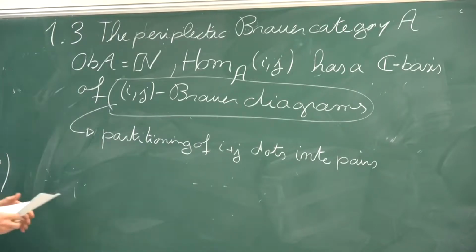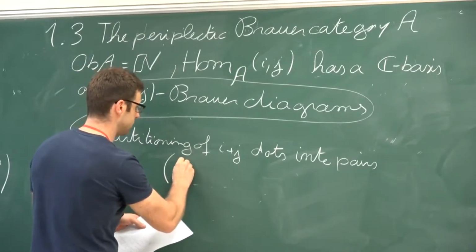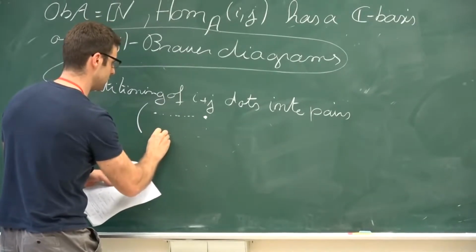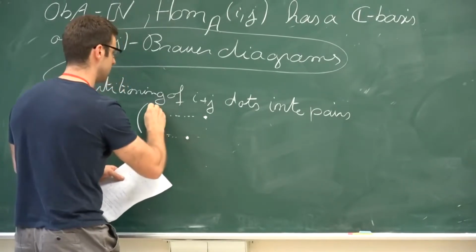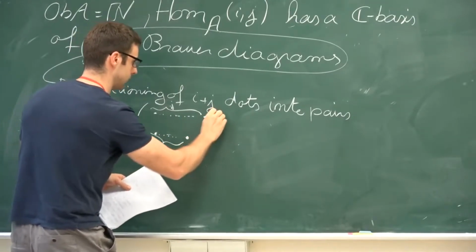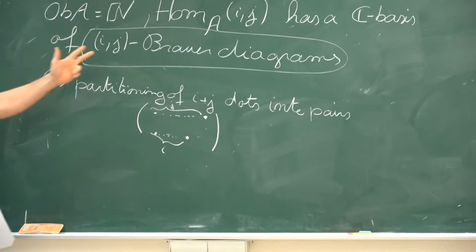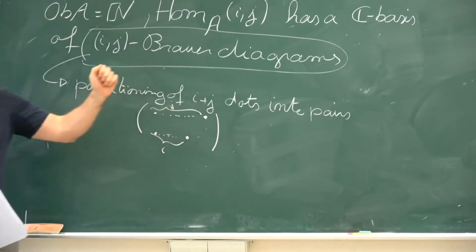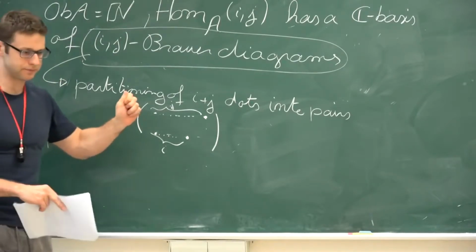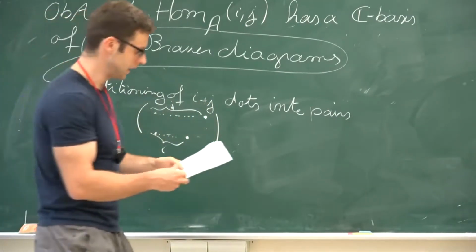But to have them as diagrams, we put the j dots on the upper horizontal line and the i dots on a horizontal line below it. We diagrammatically represent this partitioning into pairs by drawing a line between two dots which are in the same pair. So it's only which dots they connect that is relevant, not the way we draw things.